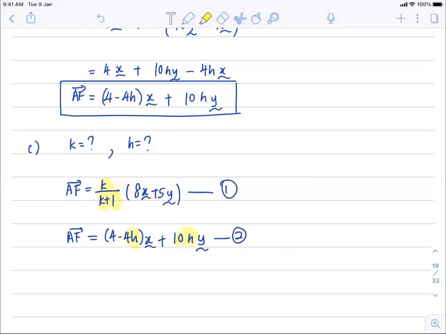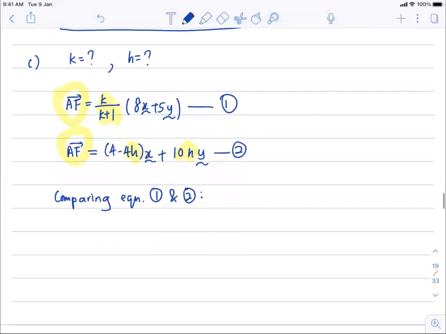So the thing that we want to do now is to compare the two equations. So you see that this AF, this is also AF. So we can compare the two equations. Okay. So we write comparing equation 1 and 2.